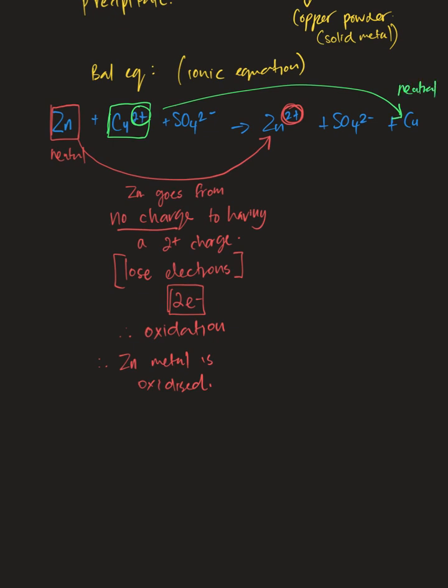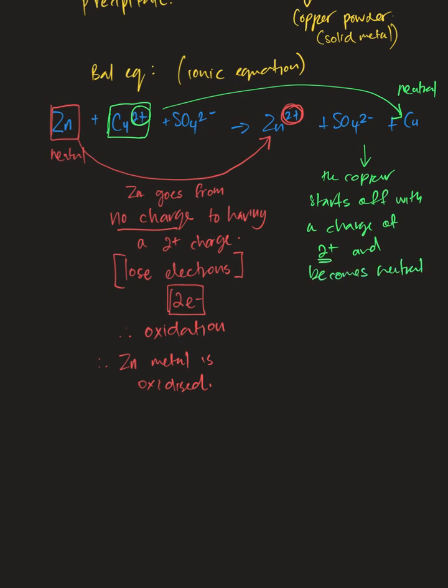So how do I go from 2 plus to neutral? What had to happen here is that the copper starts off with a charge of 2 plus and becomes neutral.